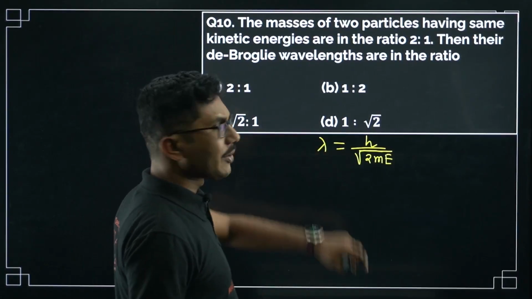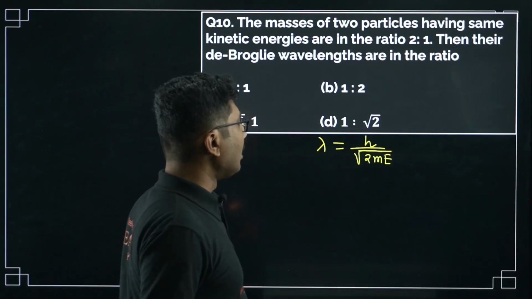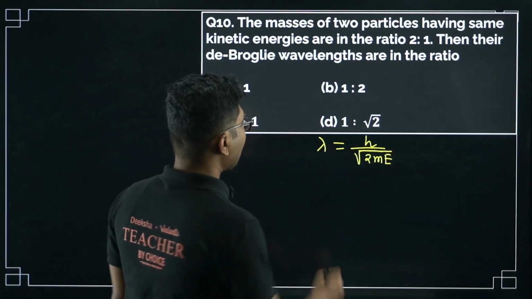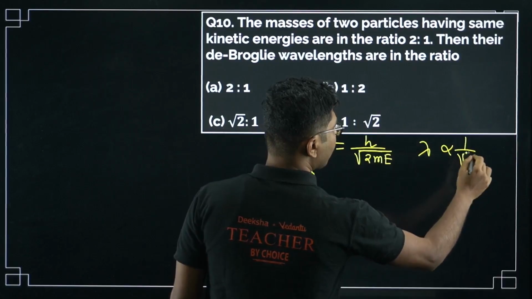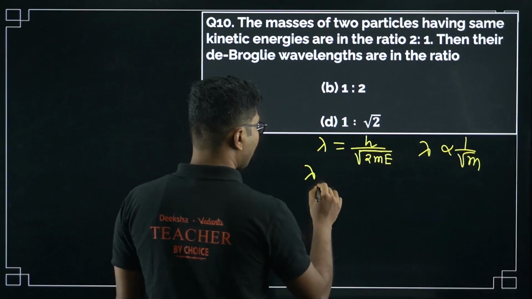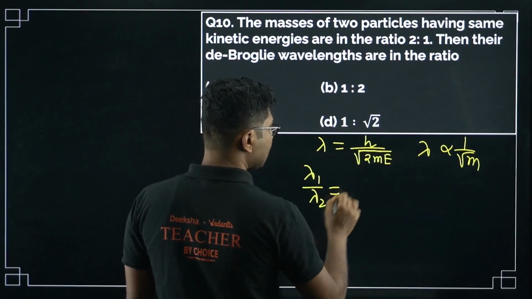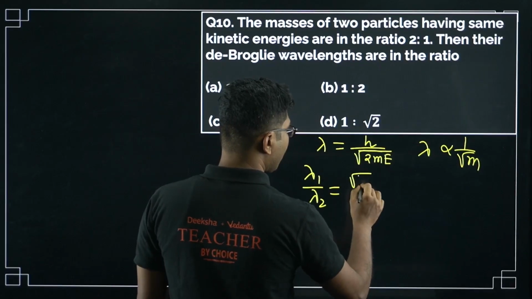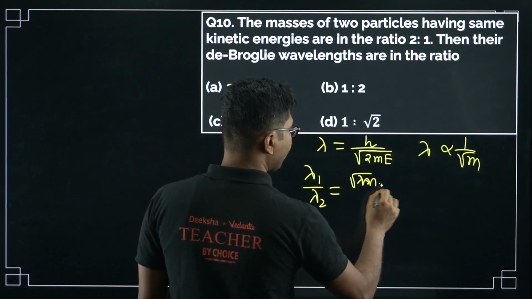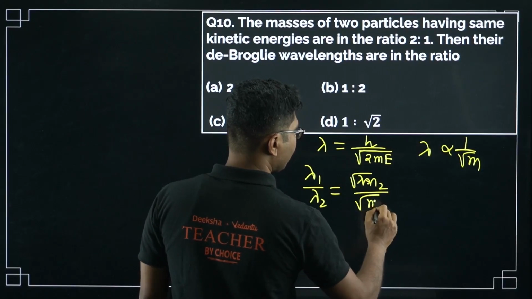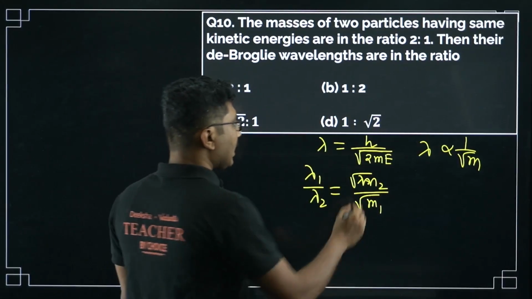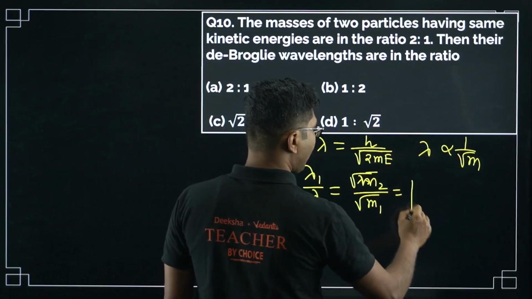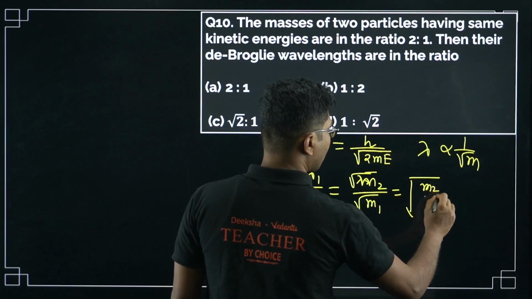Now what we have to do, we have to find lambda 1 by lambda 2. So you can see that lambda is proportional to 1 by square root of mass, right? So lambda 1 by lambda 2 must equal square root of mass 2 divided by square root of mass 1, inversely proportional. Now what is the ratio given? m2 by m1.